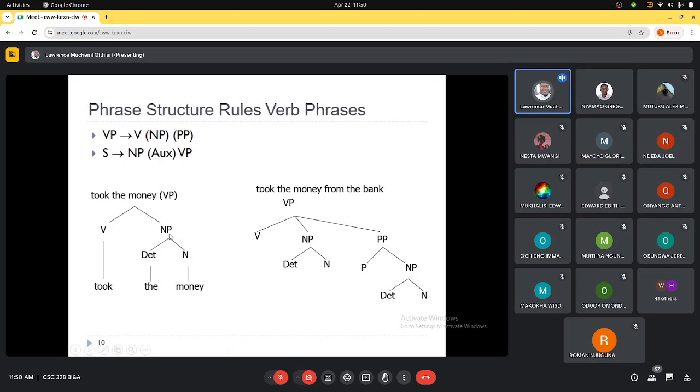So this becomes what now? Verb plus a noun phrase. Took the money. Of course, the debate here is are we talking about the money, or are you talking about an action? So took the money, we are talking about the action of taking. So what did he do? Took the money from the bank is another verb phrase. Took the money from the bank.